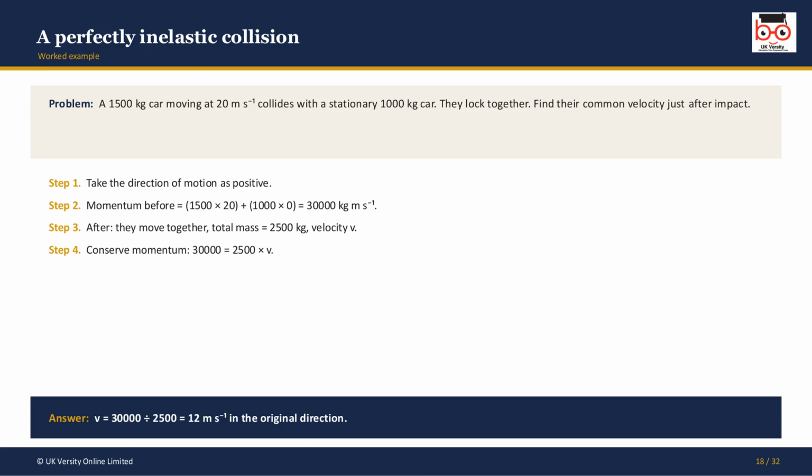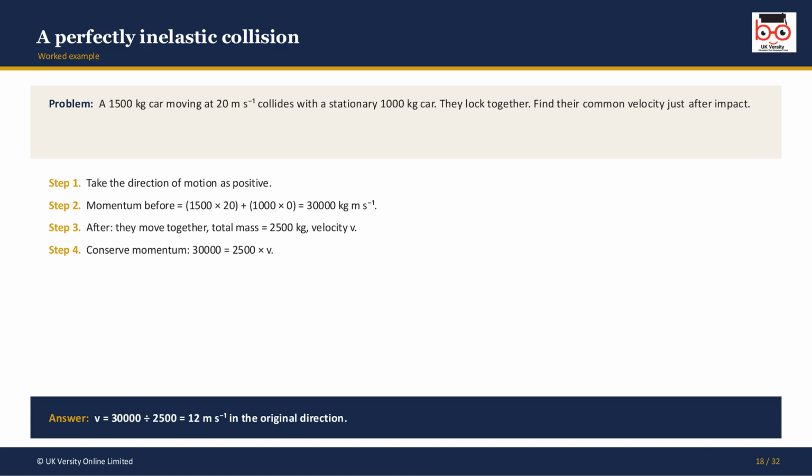A 1,500 kilogram car, moving at 20 meters per second, runs into a stationary 1,000 kilogram car, and they lock together. Take the direction of motion as positive. The momentum before is 1,500 times 20, plus 1,000 times 0, which is 30,000 kilogram meters per second.